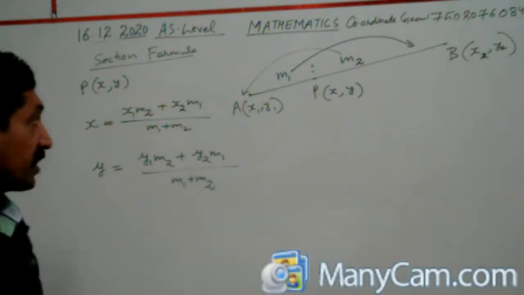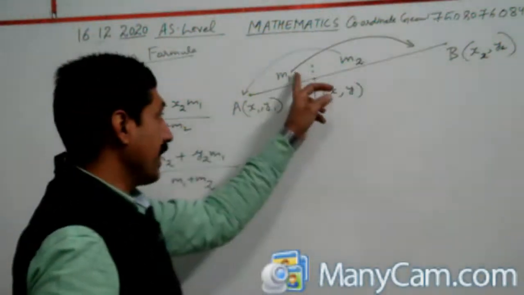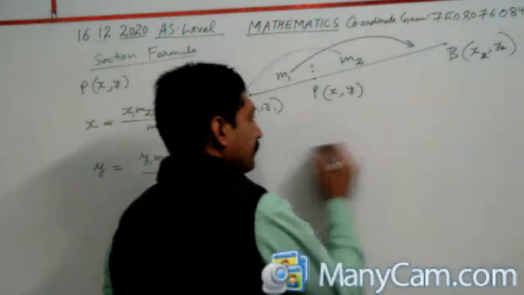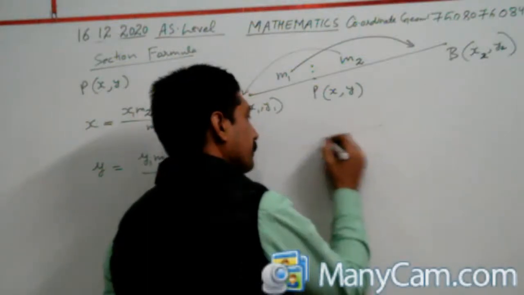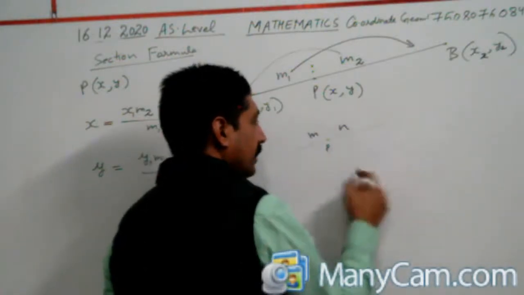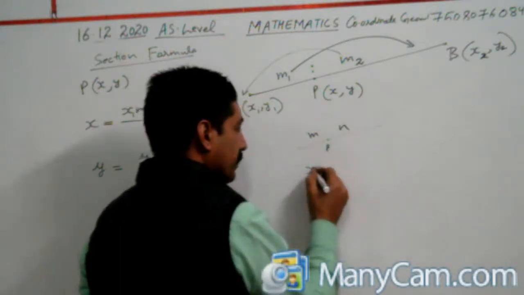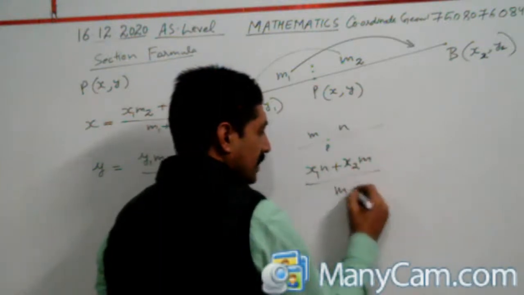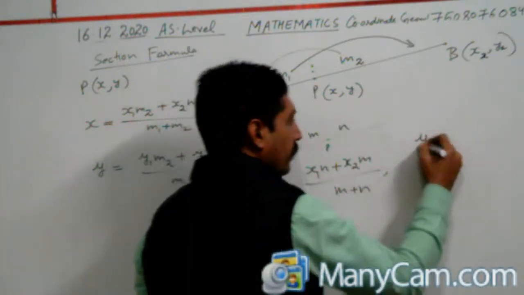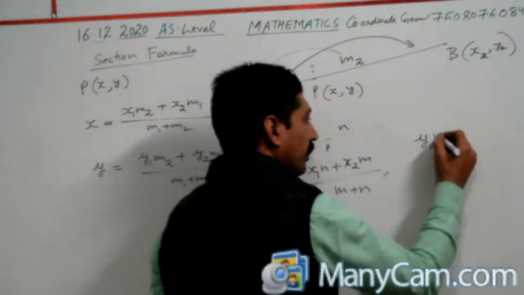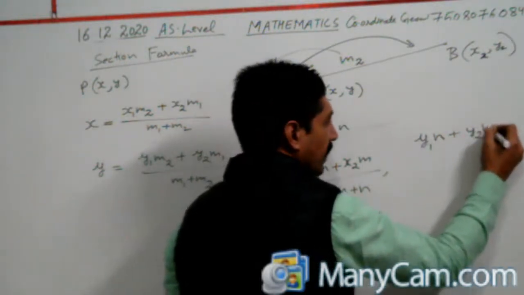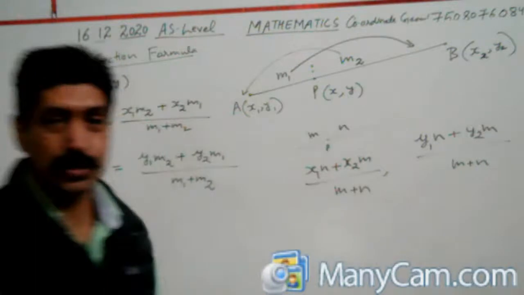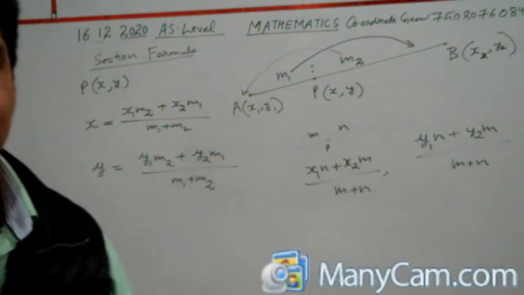And sometimes if this ratio is given as m and n, then we can write in this form: x is equal to (x1 n plus x2 m) divided by (m plus n), and y is equal to (y1 n plus y2 m) divided by (m plus n). This is the ratio in which the point P divides the line segment AB.